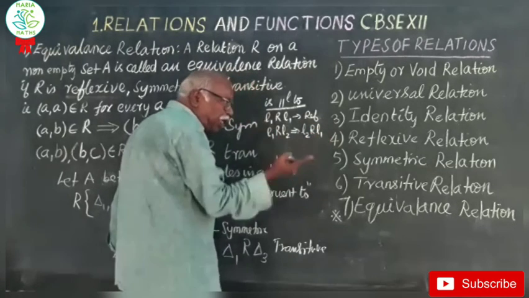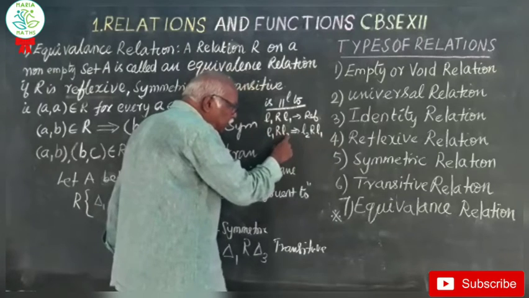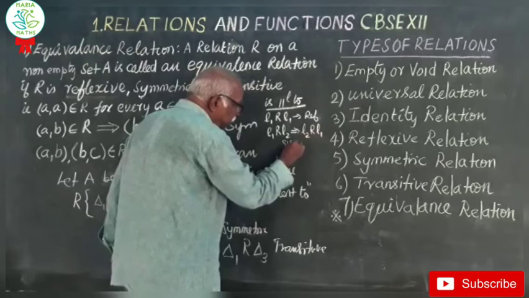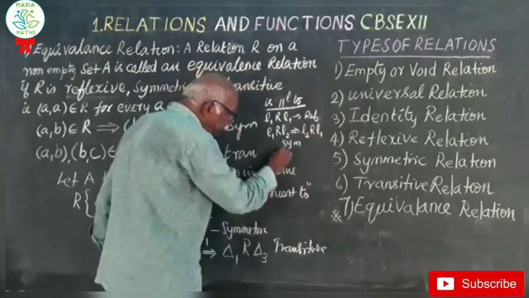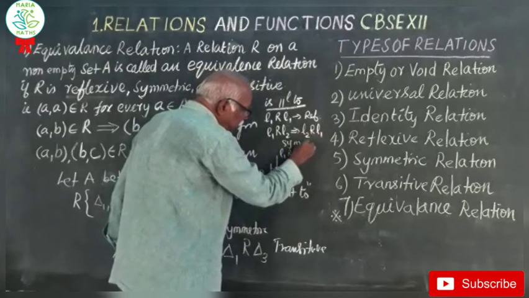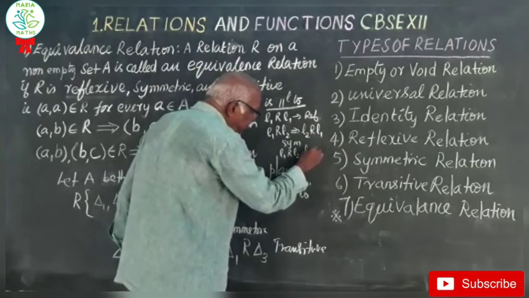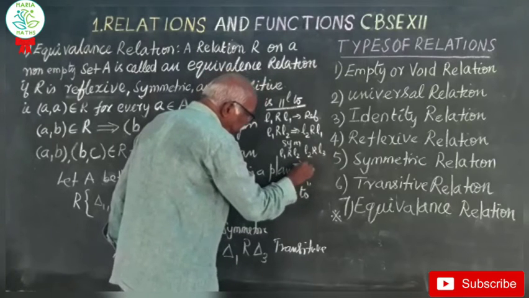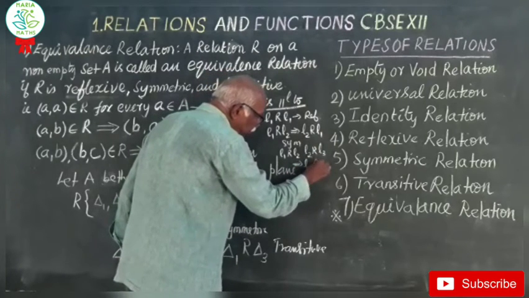L1 is parallel to L2, implies L2 is also parallel to L1. Therefore, it is symmetric. Third one, L1 is parallel to L2, L2 is parallel to L3, implies L1 is parallel to L3.